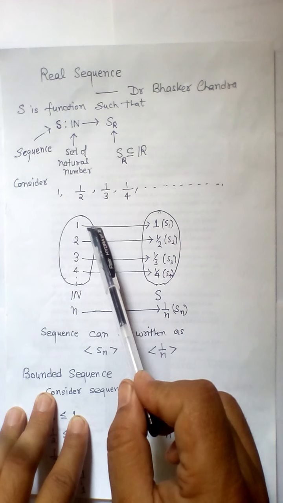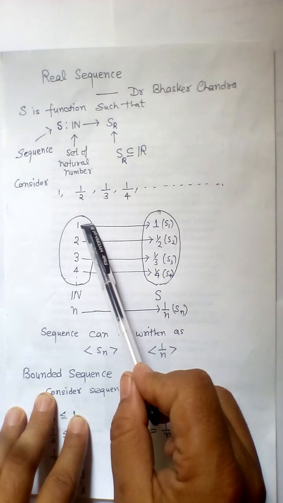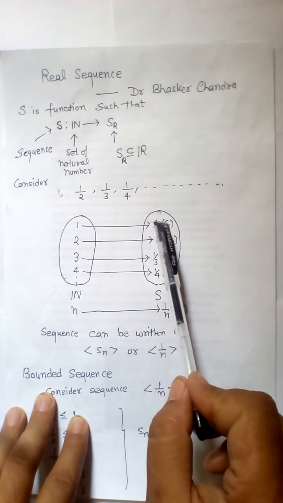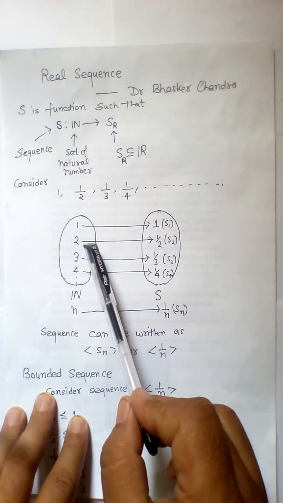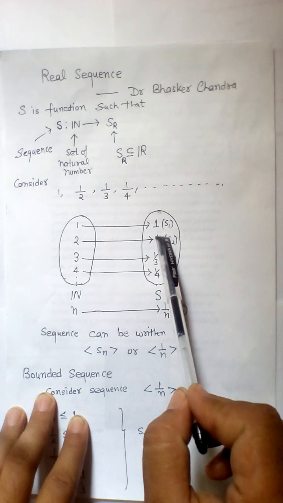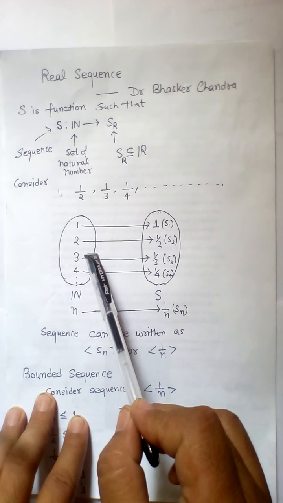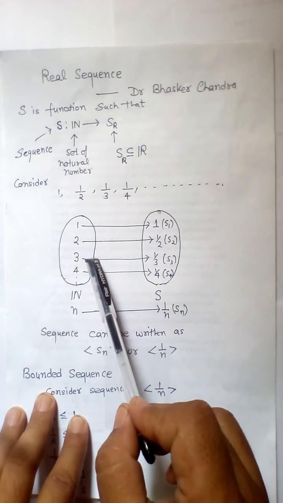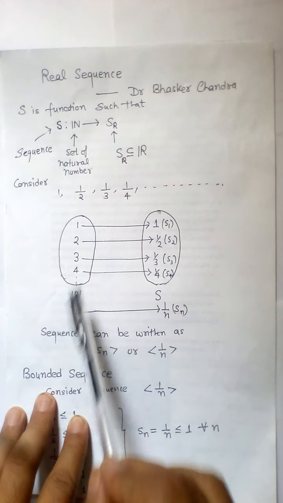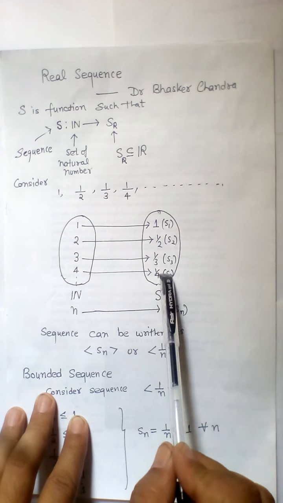Now, what we have done: mapping of 1 is 1, mapping of 2 is 1 by 2, mapping of 3 is 1 by 3, and mapping of 4 is 1 by 4.